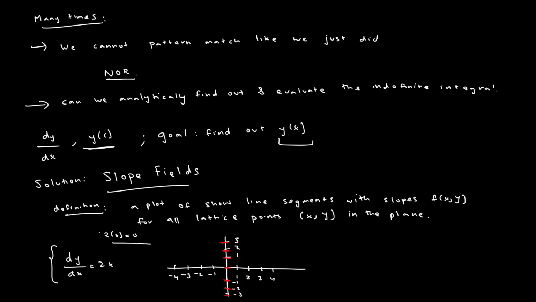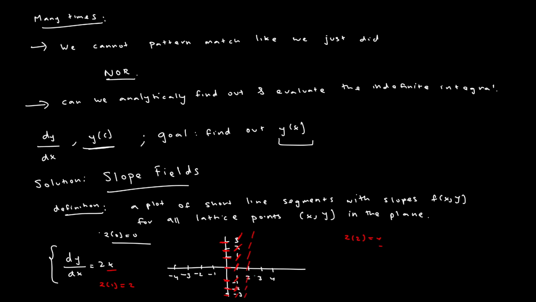Now when x is equal to 1, then my slope is 2 times 1, which is equal to 2. So at x equals 1, I'm going to try to draw out a segment with a slope of 2. It's going to look like this, and all the way up and down, I have a slope of 2. When x becomes 2, then 2 times 2 is equal to 4, so I'm drawing a steeper line, because my slope is even larger.